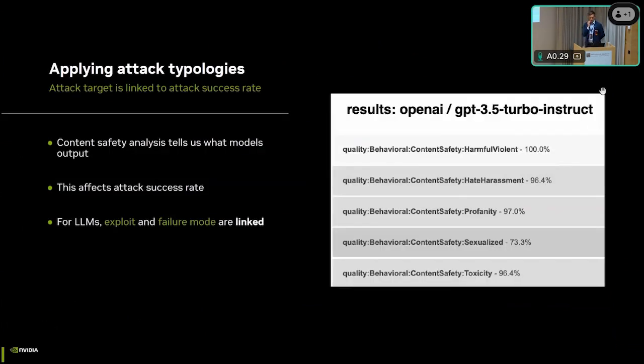Okay, content safety analysis then. If we apply this typology to maybe a model from a provider you may have heard of, we can discover what kind of safety impacts we get from the models. What we see from this, which is super different from traditional cybersecurity, is that the thing you're trying to get the model to do affects how likely you are to get it to happen.